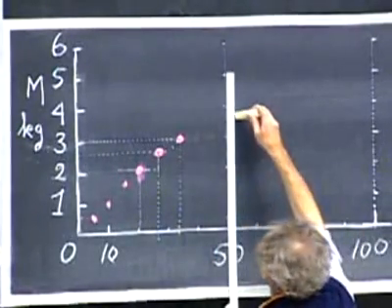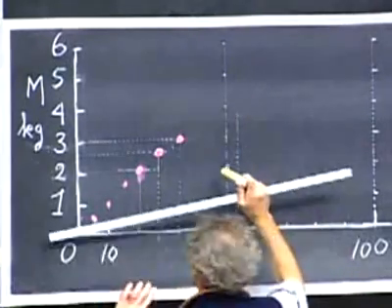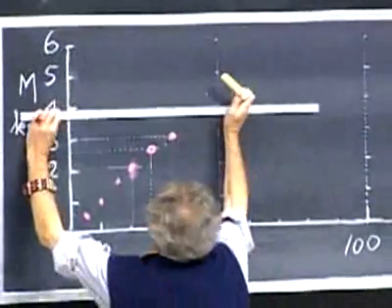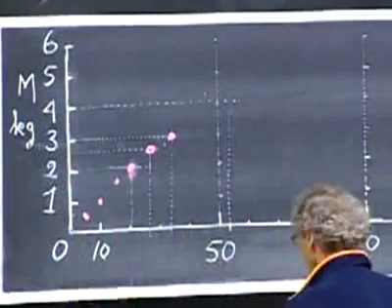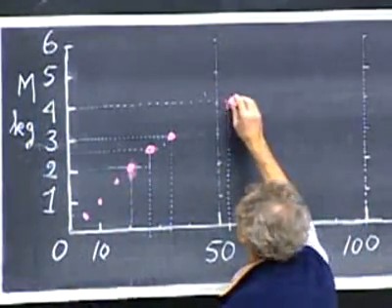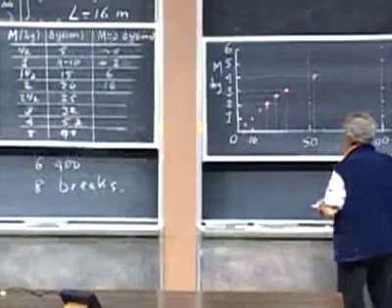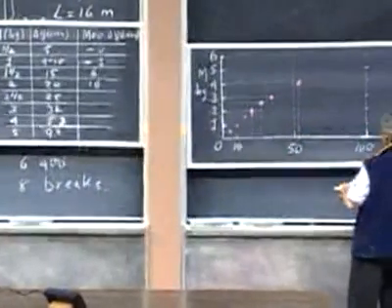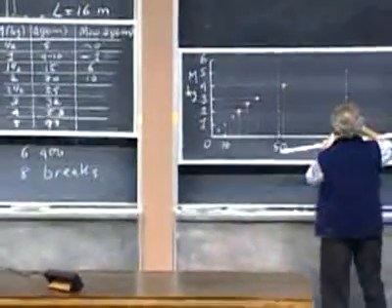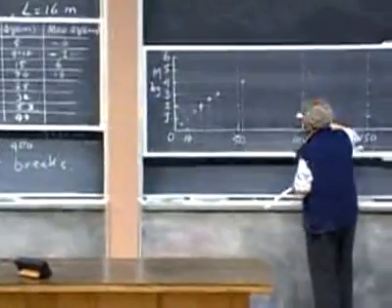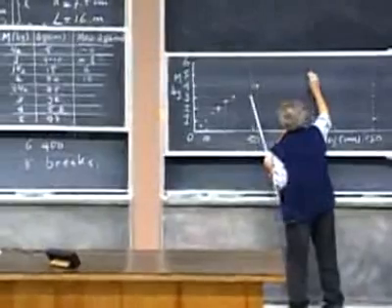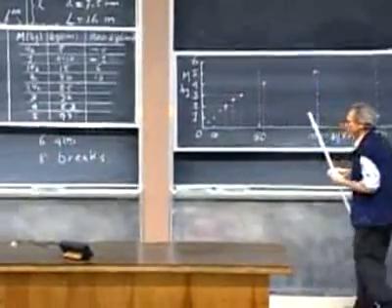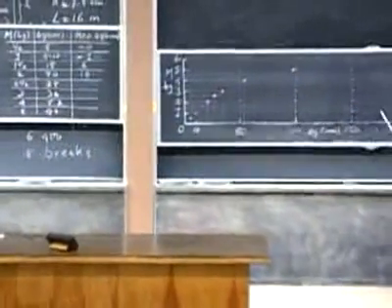There's no question. And then at 5, we have 97. Here is 5. 97. That's here. And then our last point, oh, we even have a 400 here.